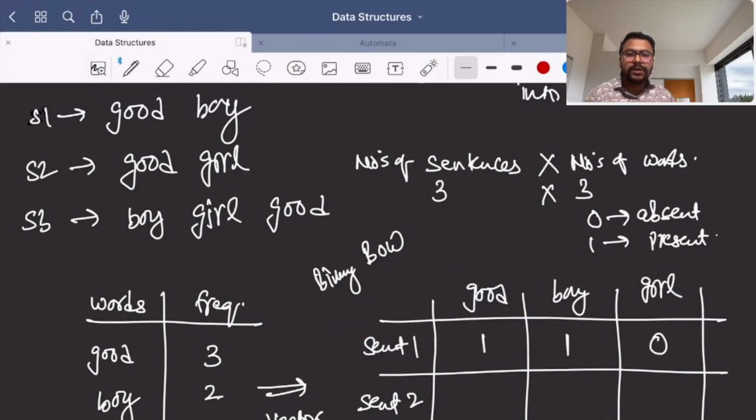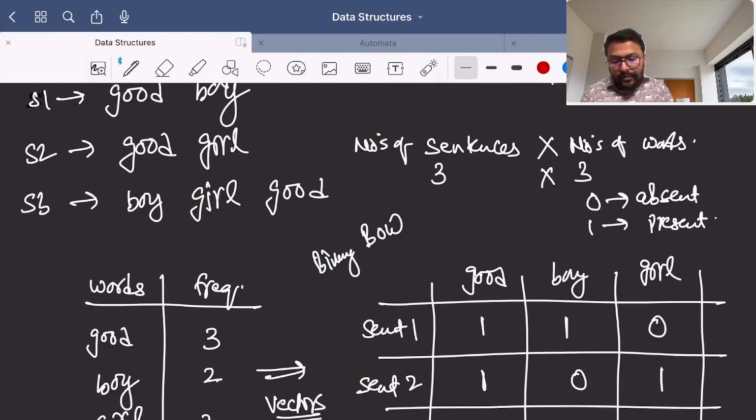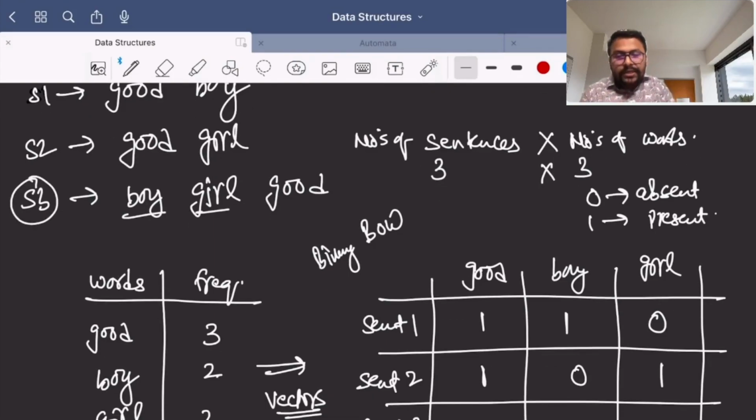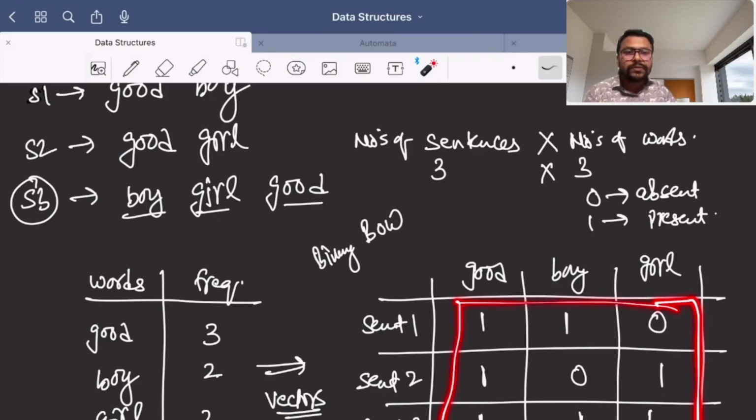Then in sentence 2, good is present, girl is present and boy is not present, so it will be 1 0 1. In sentence 3, all 3 are present, so we will write 1 1 1. So bag of words is just a binary representation of whether a word is present or not present in each sentence. Nothing else.